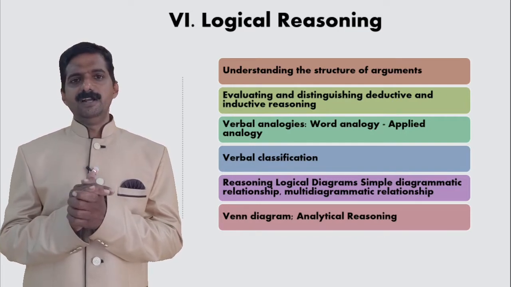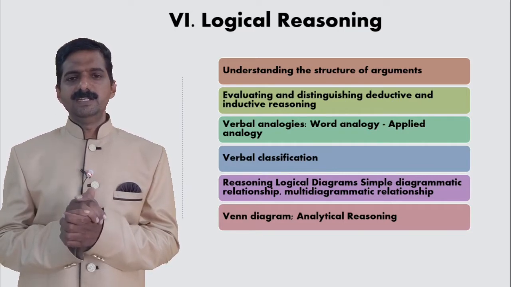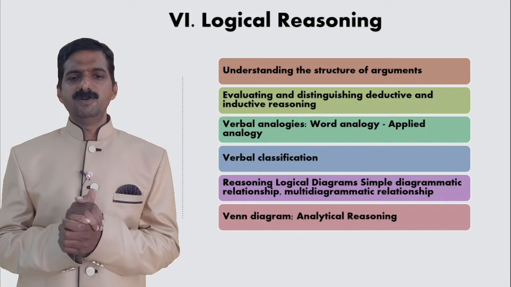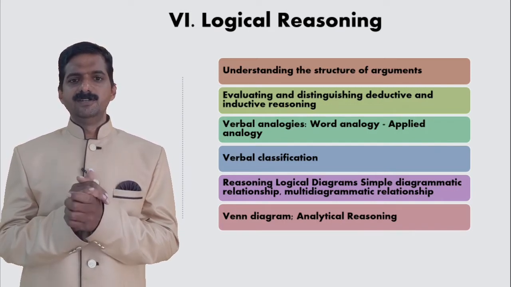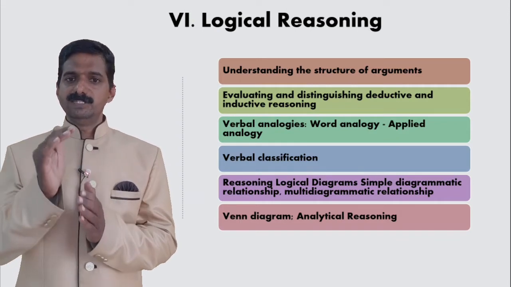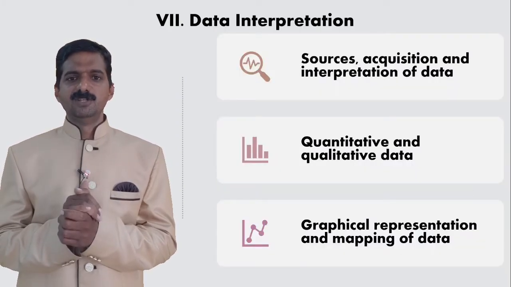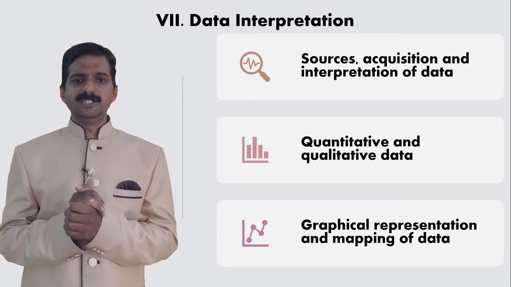And the other is a very simple and easy concept, which you might have already known, that is Venn diagram and analytical reasoning. So Venn diagrams are also there. There will be questions on the basis of these diagrams. Unit number 7, data interpretation.